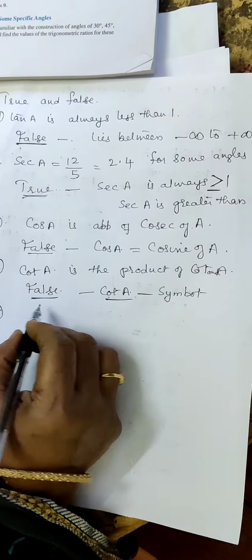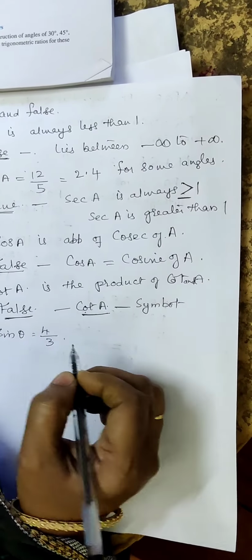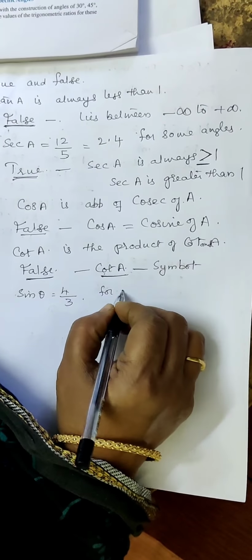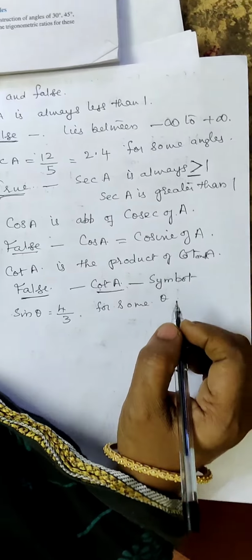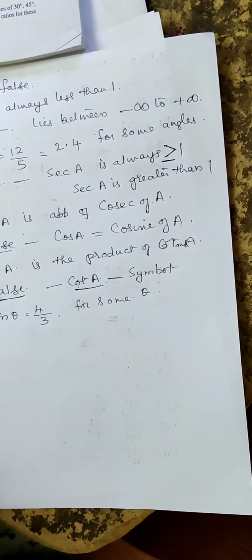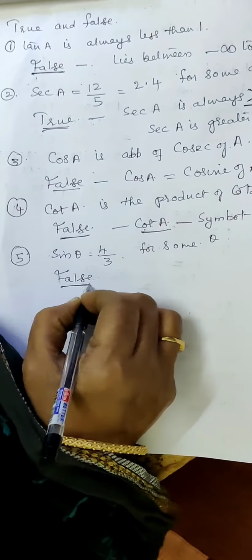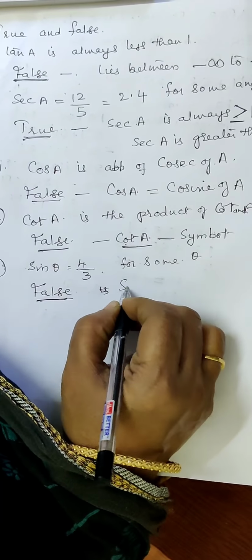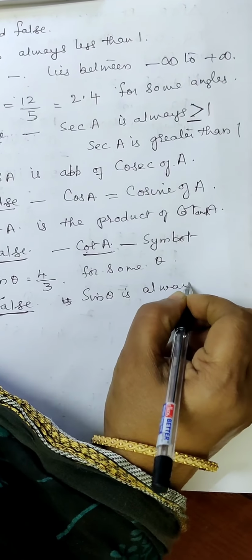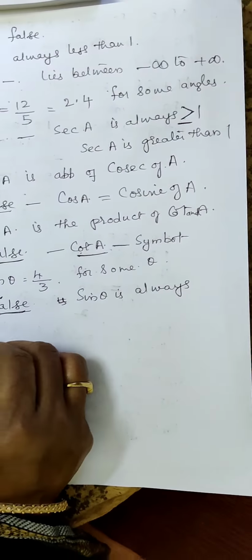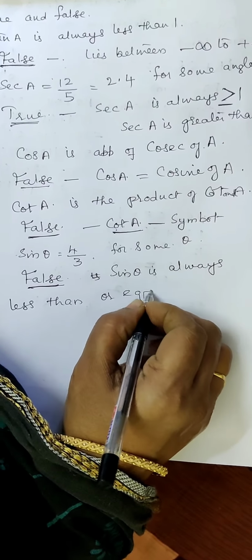Number 5. Sin theta is equal to 4 by 3 for some theta. This is also false. Why? Because sin theta is always less than or equal to 1.